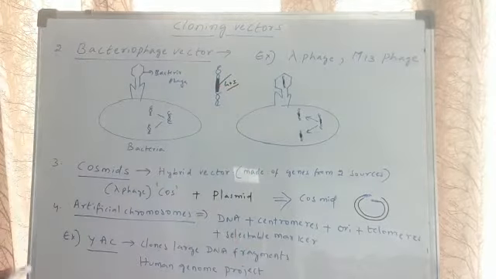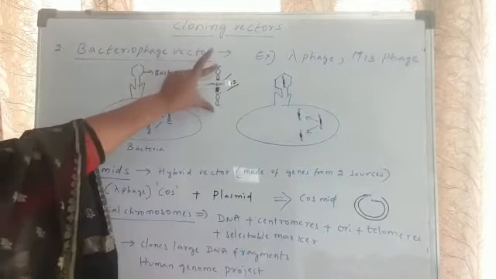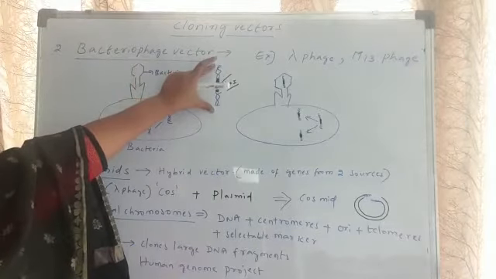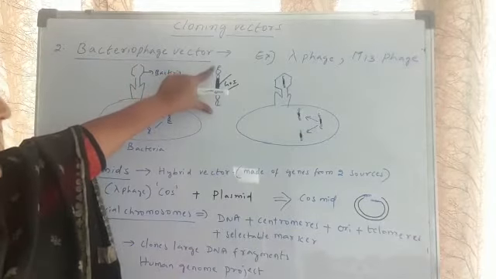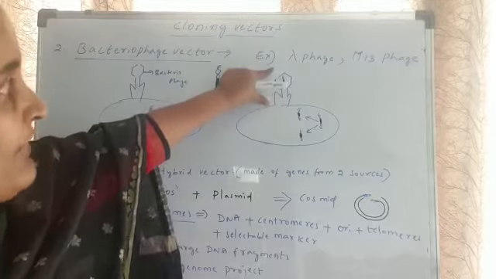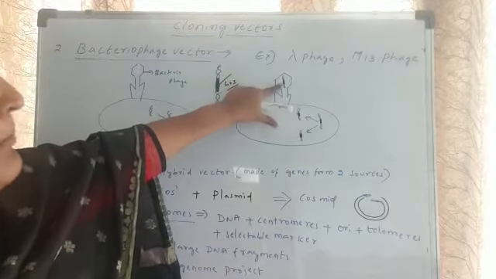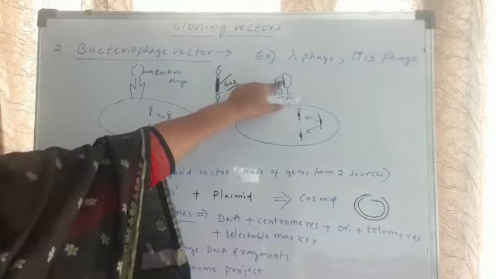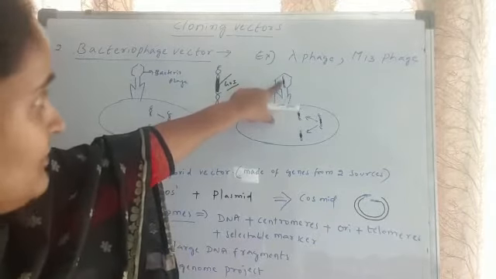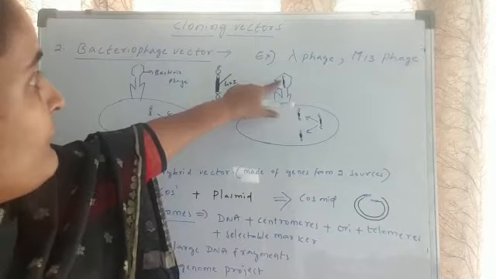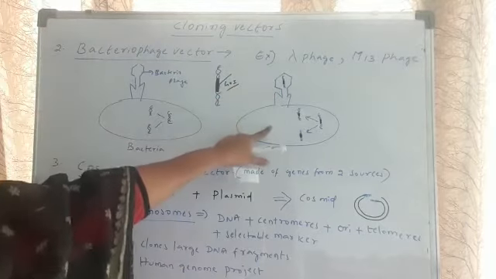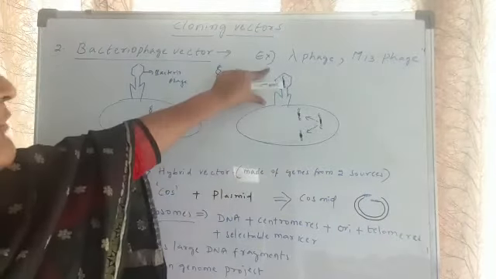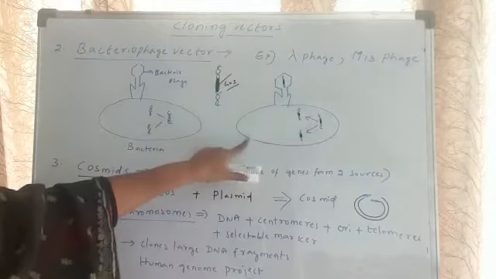Now, this kind of modified viral DNA which has the gene of interest, this phage with the modified viral DNA consisting of the gene of interest, or the foreign gene or the desired gene, is allowed to infect the bacterial cell.